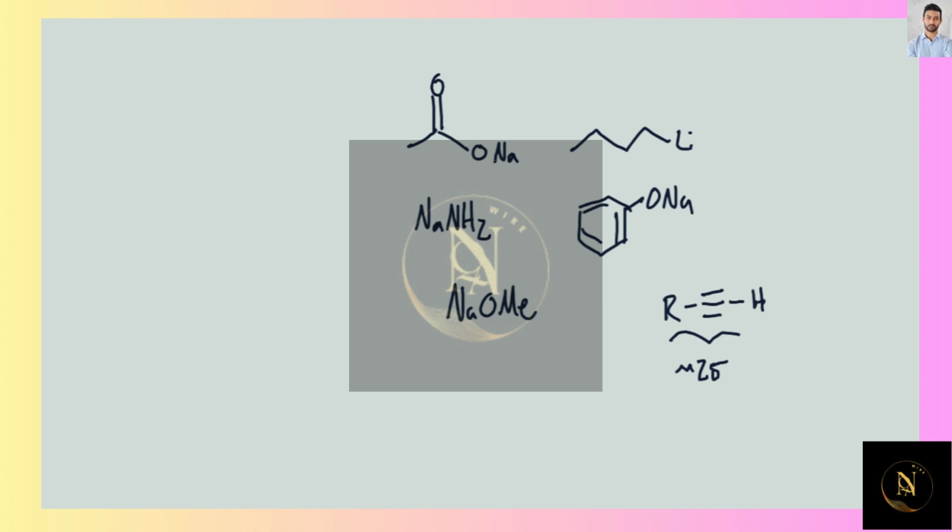Also recall that when we're talking about acid-base reactions and determining if they'll happen or not, we have an acid and some base, and those are in equilibrium. Let me write this a little differently. We have an acid, which we'll call HA to denote the proton on A, and some base, which is in equilibrium with the conjugate base of our acid and the conjugate acid of our base.